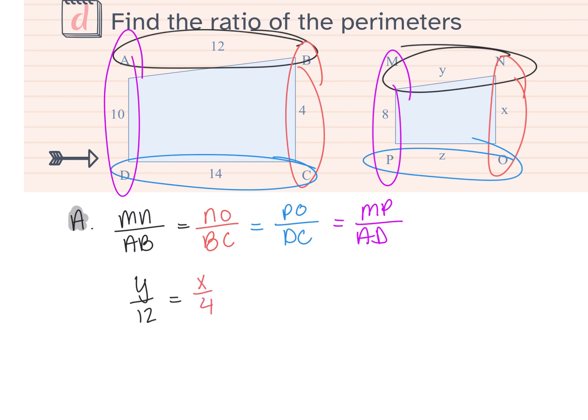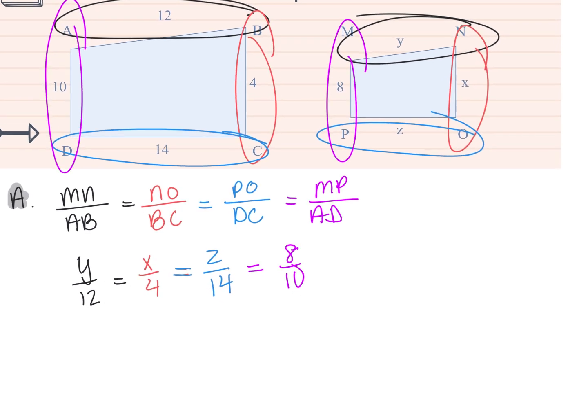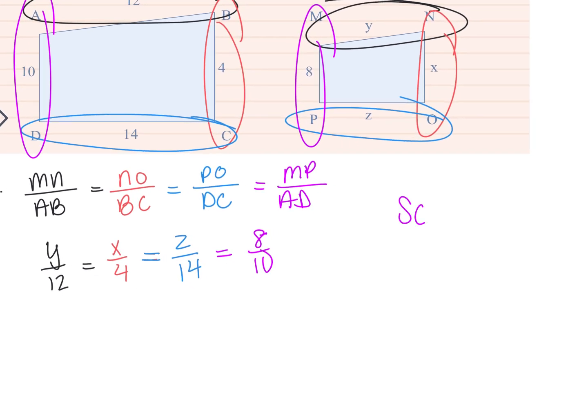X over 4, can't use that either, so I need to find something else. Z over 14, can't use that, so I'm going to find something else. 8 over 10, can I use that? Yes. Can I simplify 8 over 10? Yes. So my scale factor is 8 over 10, but I could simplify it to what? 2 over 5. Good.